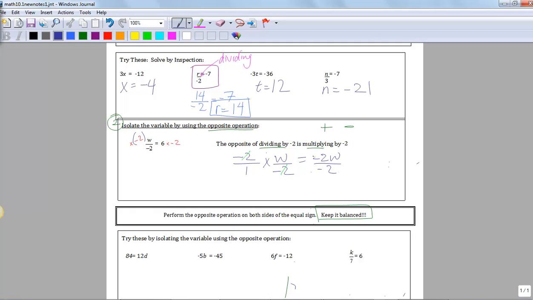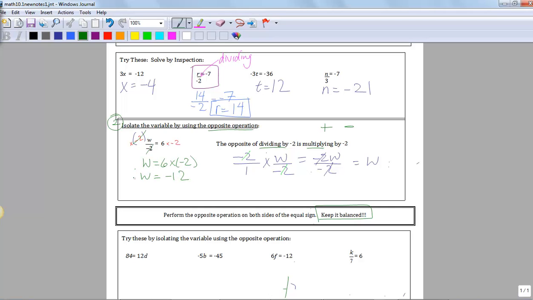Negative 2 times w is negative 2w, and 1 times negative 2 is negative 2, and cancel here. And you would get just plain old w, or 1w. So what happens is when we multiply these by negative 2, those negatives cancel, and I just get w equals 6 times negative 2, or w equals negative 12.